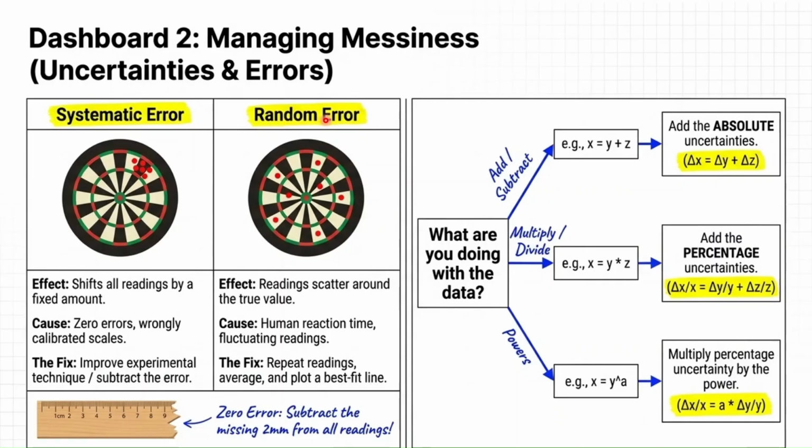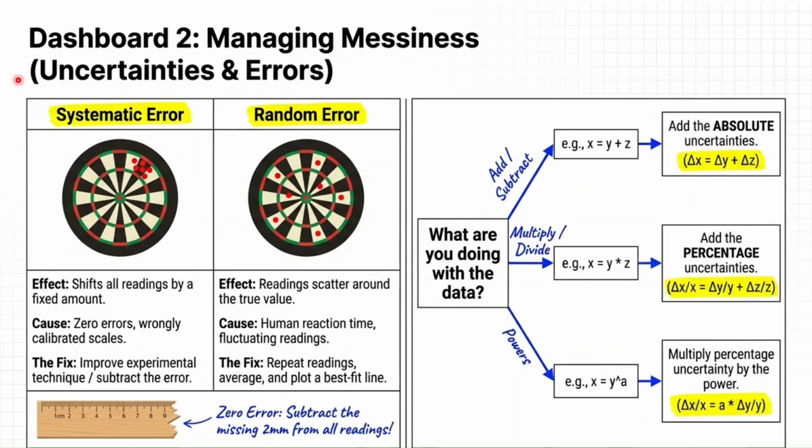We also see random error, which is caused by humans or sometimes the environment, which is somewhat accurate but not precise, meaning these are scattered readings.